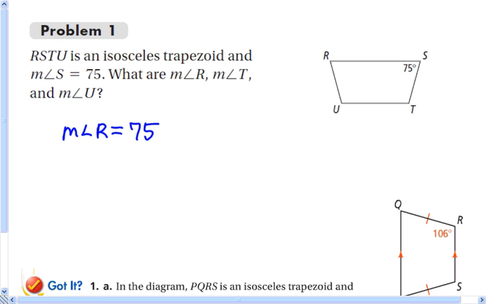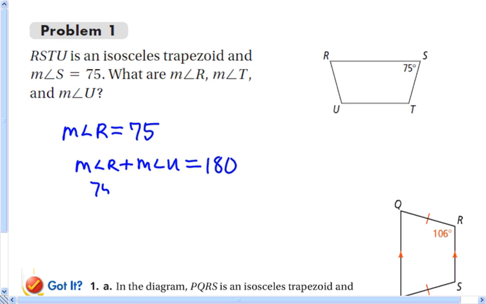And we also know that the measure of angle R plus the measure of angle U equals 180, and that's because RS is parallel to UT, and so same side interior angles are supplementary.